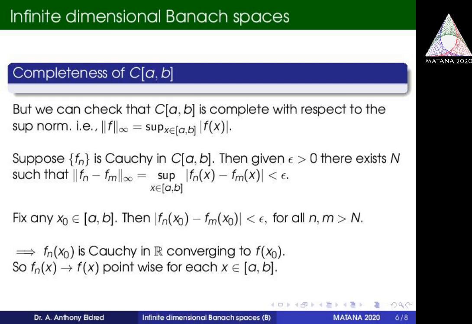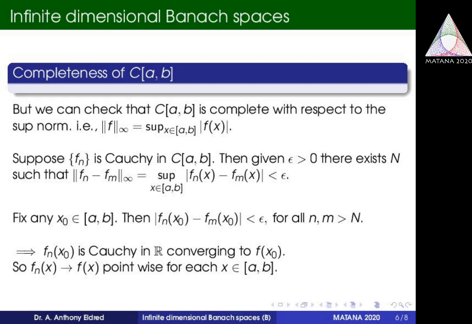Therefore, we know R is complete. Since R is complete, it converges to a real number, and we let that real number be f(x0), because this limit depends on x0. We are letting that number be f(x0).